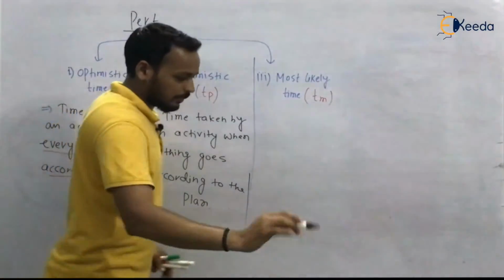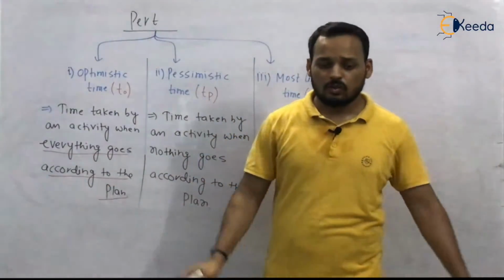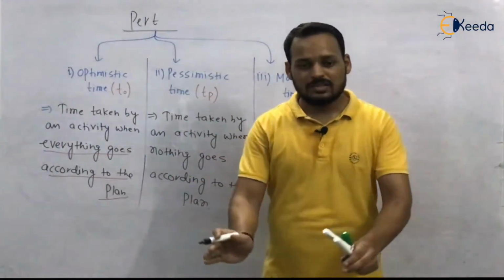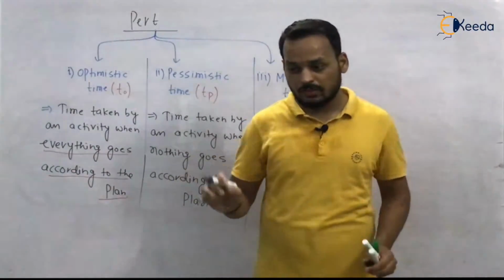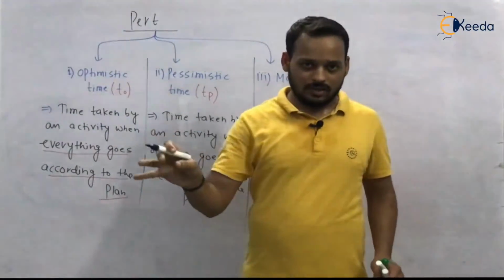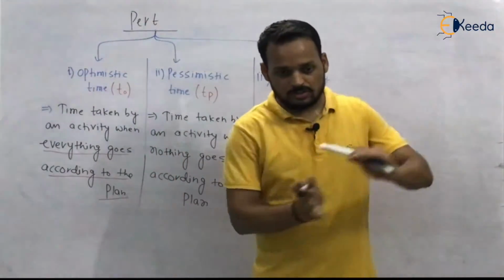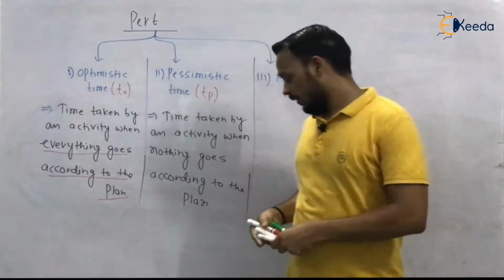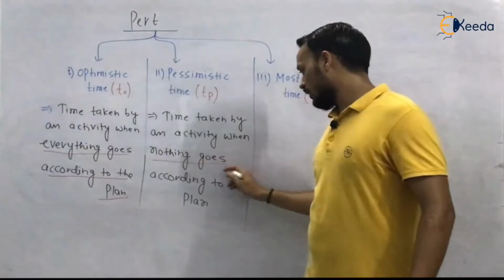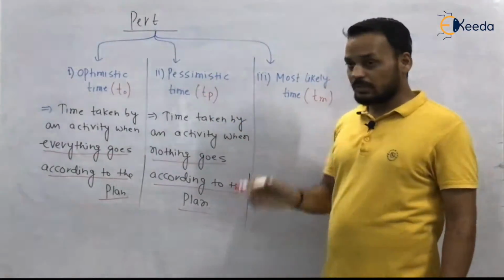You took admission in the PhD, you conducted the experiment, and you are not getting any result. It means the time duration of your PhD will be increased. The supervisor will say that you go and conduct your experiment once more. So that time is known as pessimistic time, when nothing is going according to the plan.